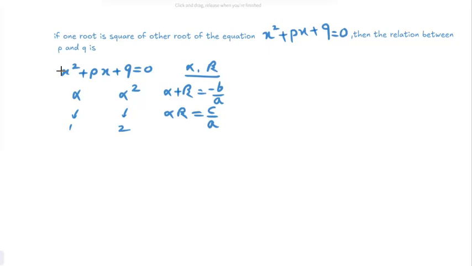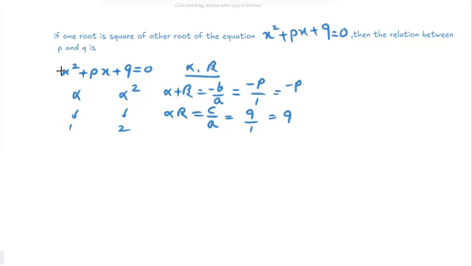According to our equation, minus b upon a means minus p upon 1, and c upon a means q upon 1. So it is equal to minus p, and it is equal to q. All the things related to the equation we already have. Now we will put them in equation form.